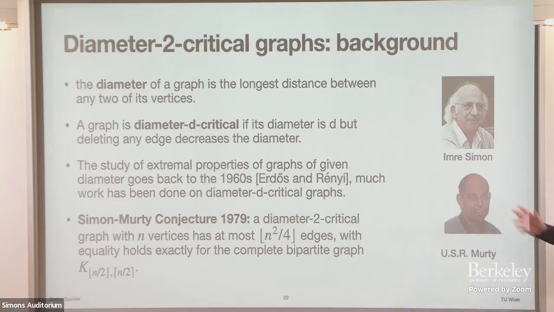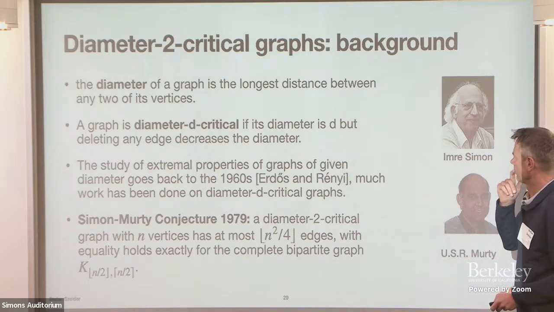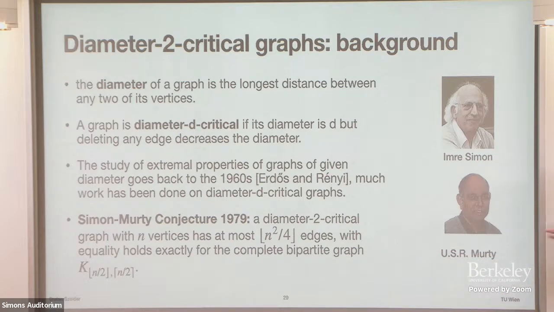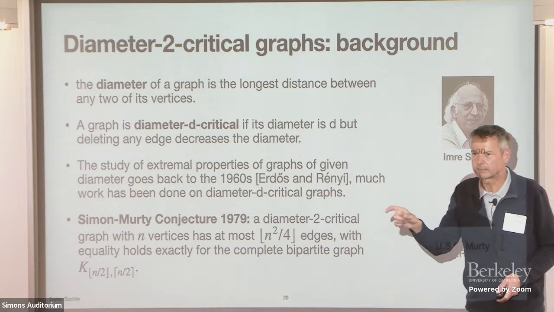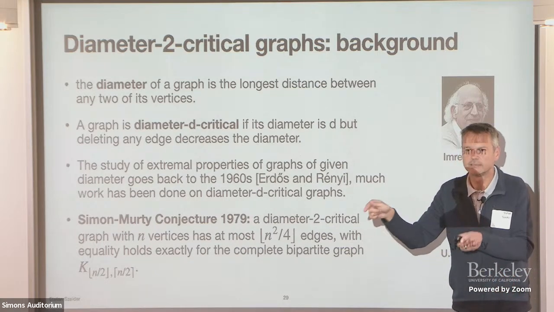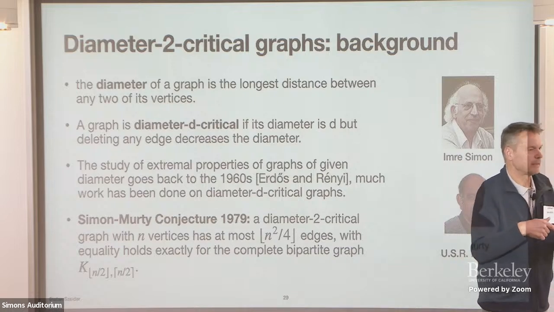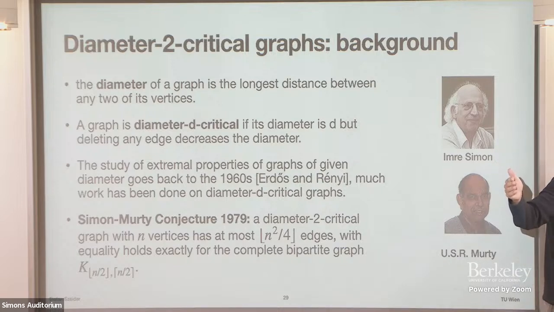One of the first things that we tried was related to the Simon-Murty conjecture. It's about diameter 2 critical graphs. So the diameter of a graph is the longest distance between any two vertices, and a graph is diameter d critical if deleting an edge makes the diameter increase.